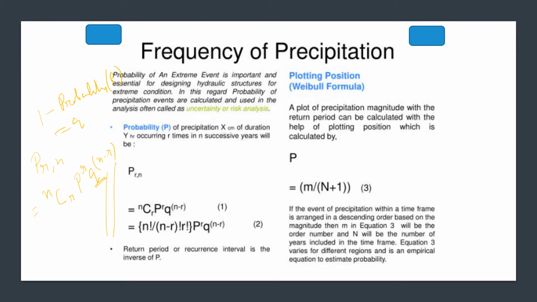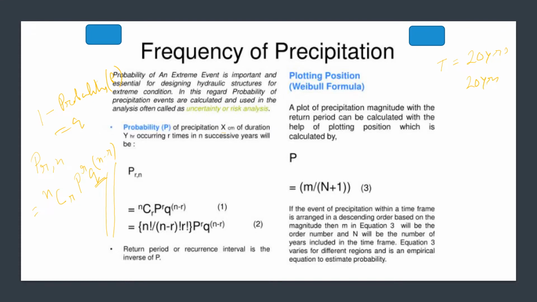So suppose you have been given that the return period T of a certain event is 20 years, and what is the probability of that event to happen again one time in the next 20 years. Have you got my question?